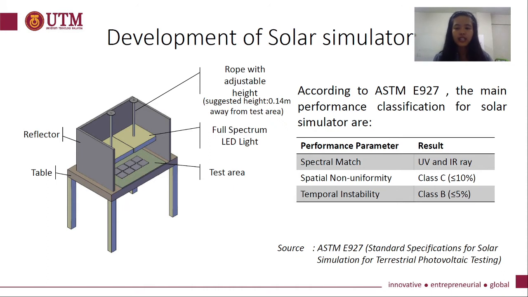There is calculation and I obtain a class C, which is less than 10%. And the third is temporal instability. Also, I obtain a class B. So in short, the solar simulator that I created is within the acceptable limit according to the ASTM. Thus, the result is reliable.